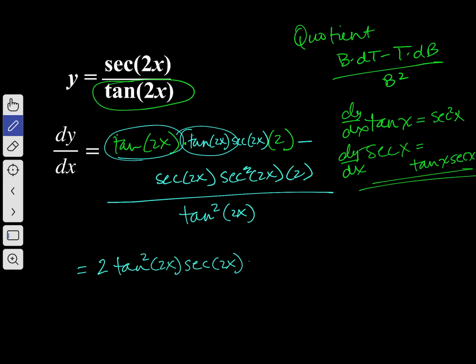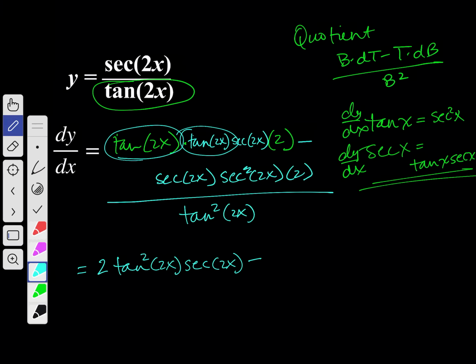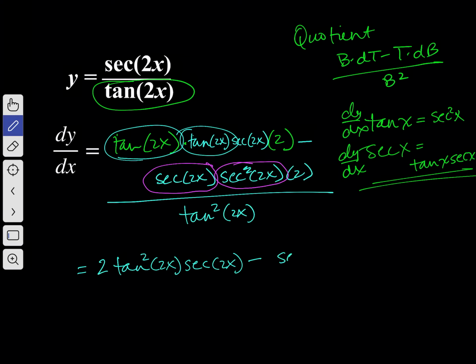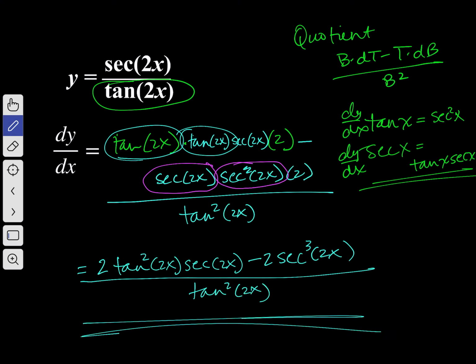That's that first term, minus, and let's see, we got 1 secant 2x, and we got 2 more secant 2x. Let's go ahead and combine those. I'll bring this 2 up front, and then this is going to give me secant cubed 2x, all divided by tangent squared 2x. There we go. Final answer.